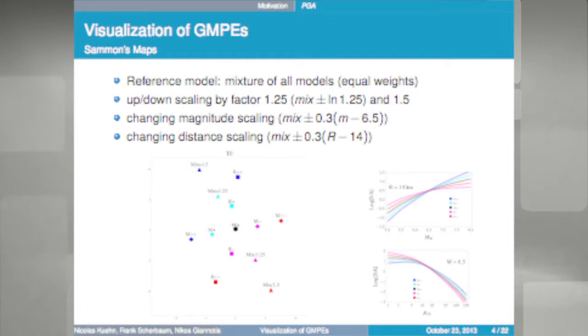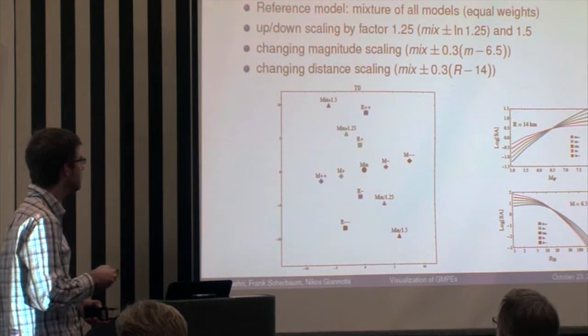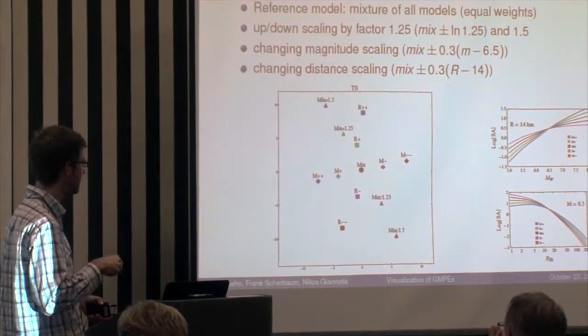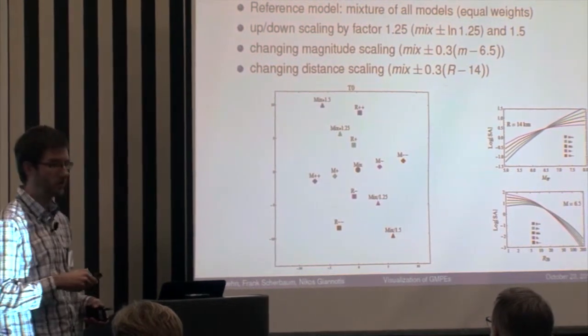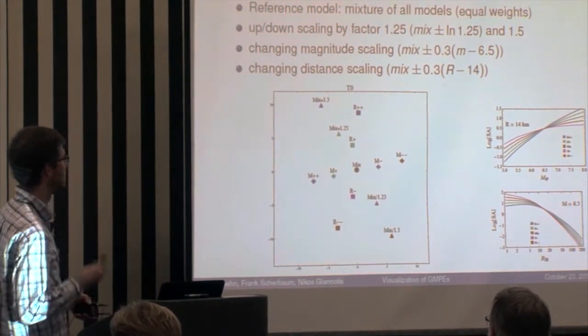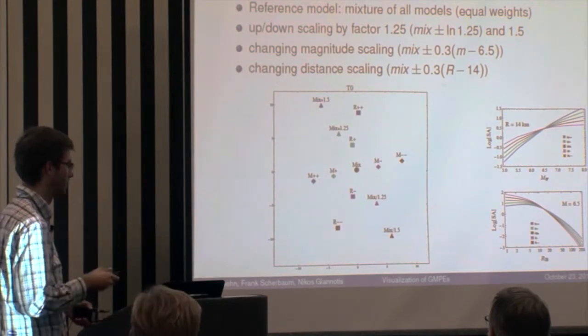Same slide as yesterday. We have here the average of all the models. In this direction we have up and down scaling, in this direction differences in magnitude scaling, like shown here, and in some other direction differences in distance scaling.